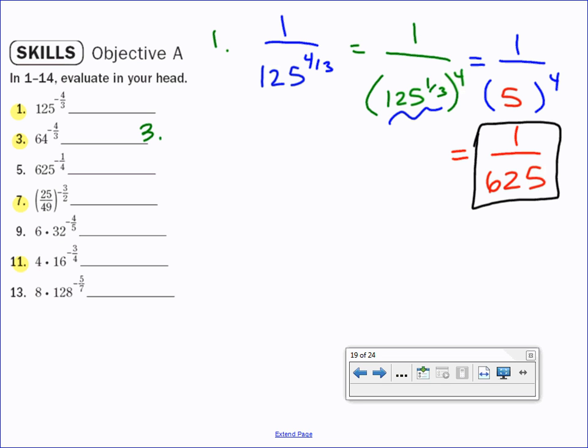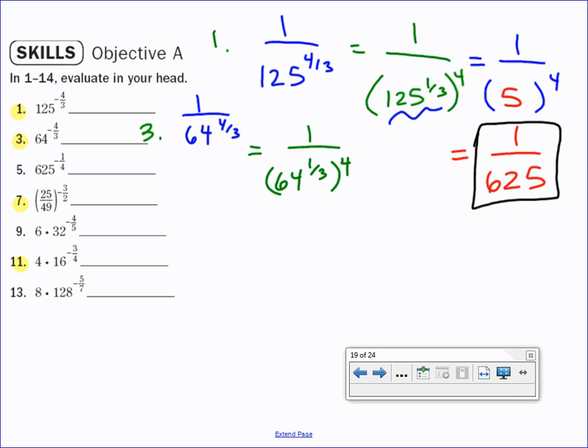64 to the negative 4/3 is the same as 1 over 64 to the positive 4/3. So we'll make a reciprocal first. Then we'll apply my denominator of my rational exponent as a nth root. So 1 over 64 to the 1/3.